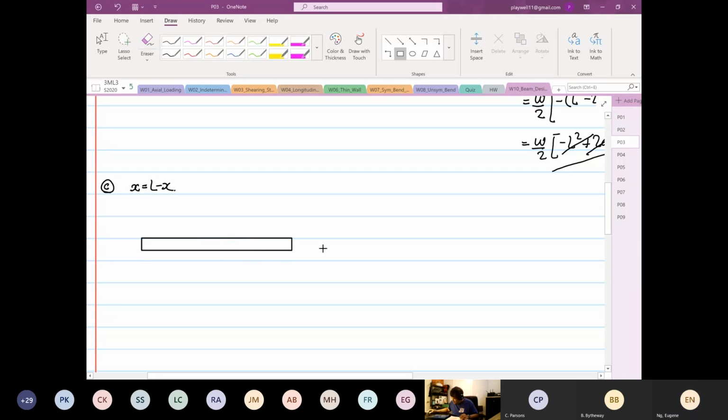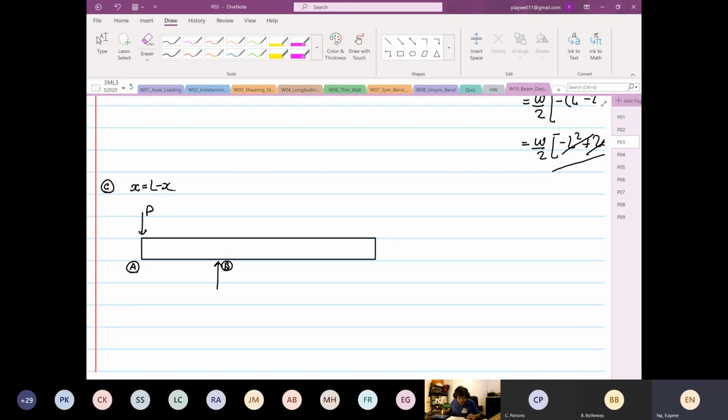Okay, so you have point A, which is your P. You have point B, which we have what? After the break, I just forgot my loads. P plus omega over 2, L minus 2A.